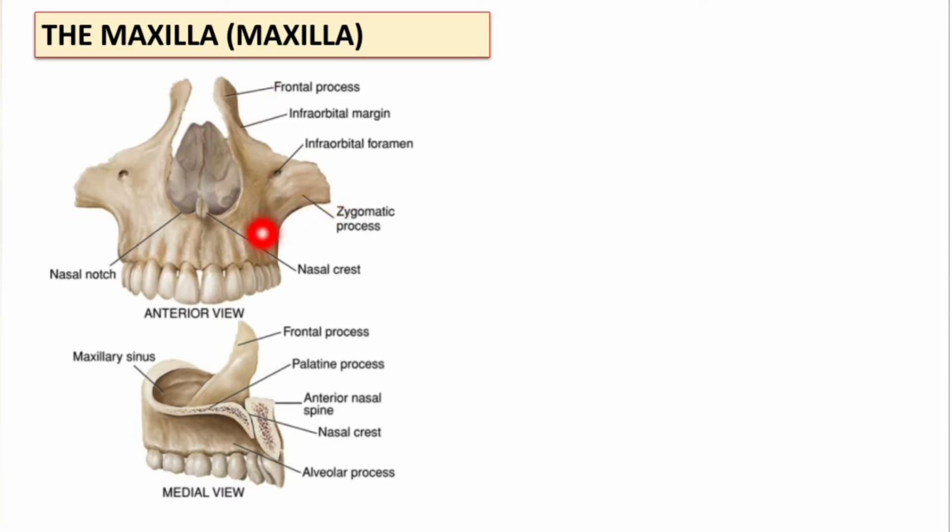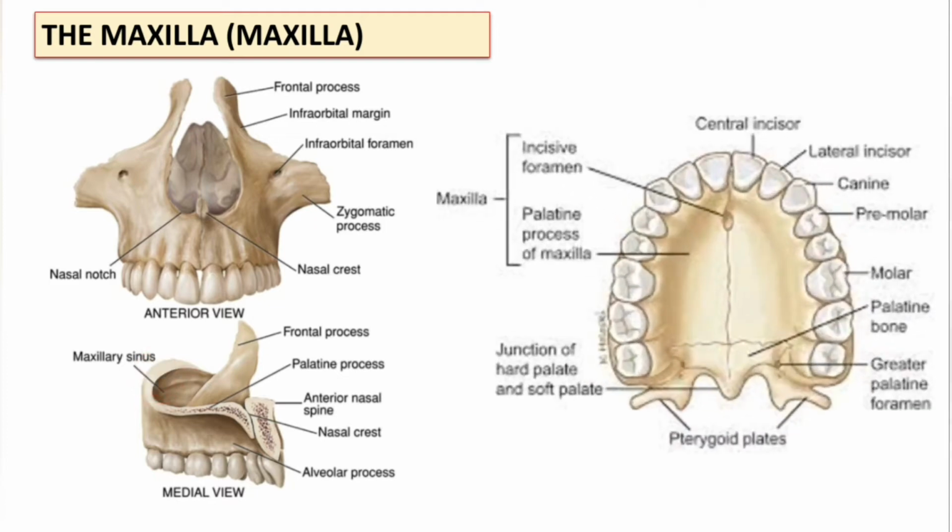This one is the medial view. On the medial view, you can see horizontally the palatine process, processus palatinus. These two processes of the two maxillae combine in the midline to form the most part of the hard palate.